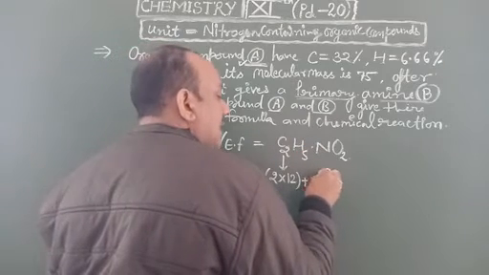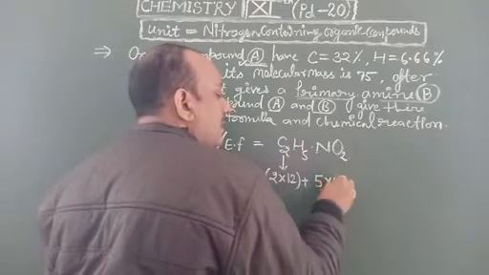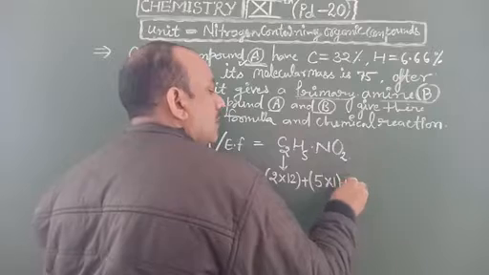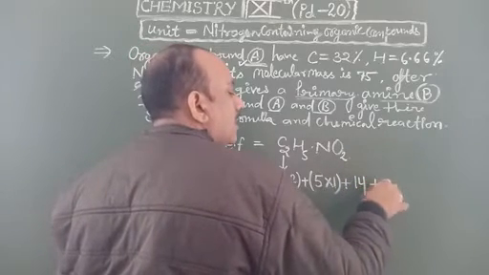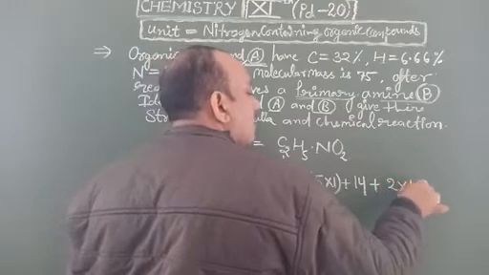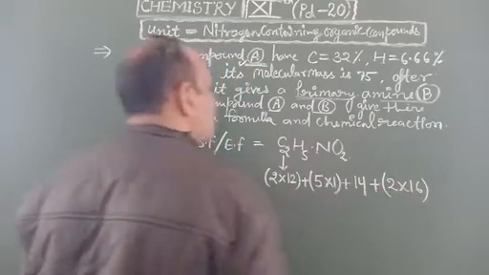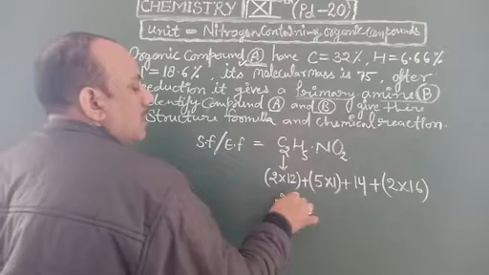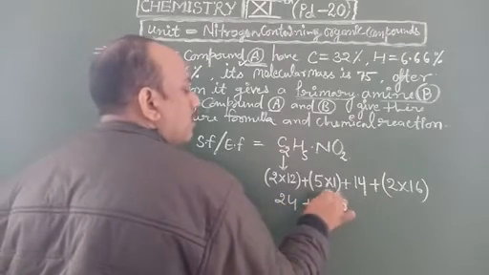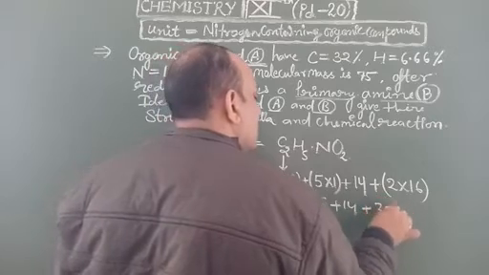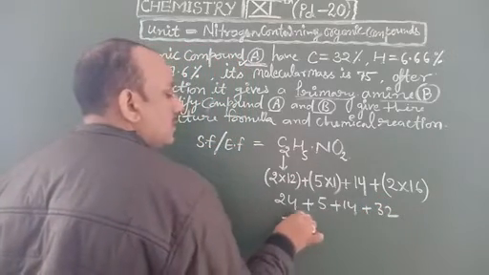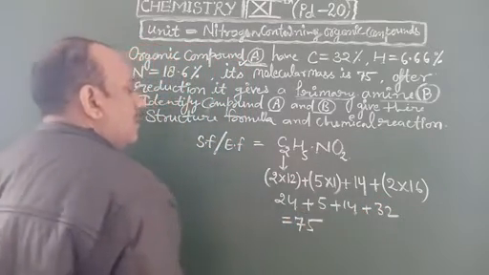Total 5 hydrogen atoms, so 5 into 1, plus a single nitrogen atom, 14, and 2 atoms of oxygen, so 16 into 2. Now 24 plus 5 plus 14 plus 32 equals 75.